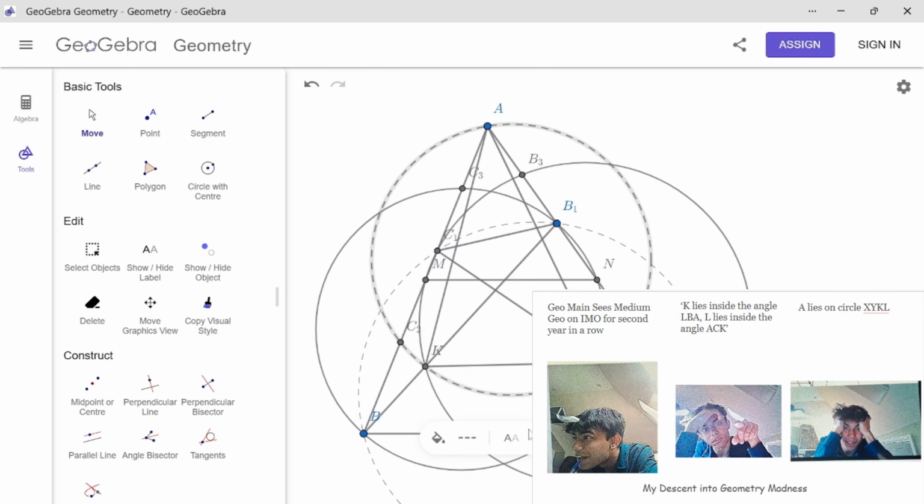So BB1 is the radical axis. By things proved earlier, B has equal power to circles A, B2, C2, and C1, C, M. Consider B3, the midpoint of AB1.